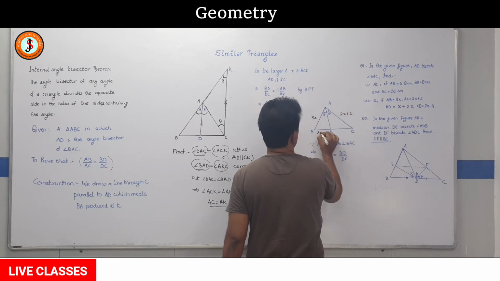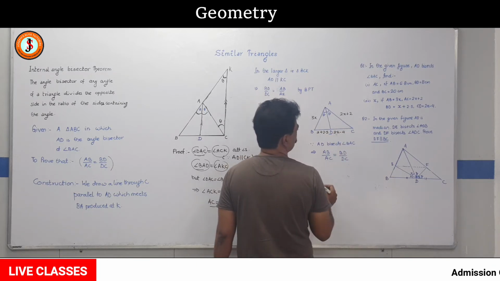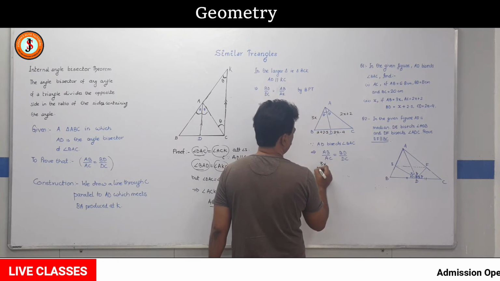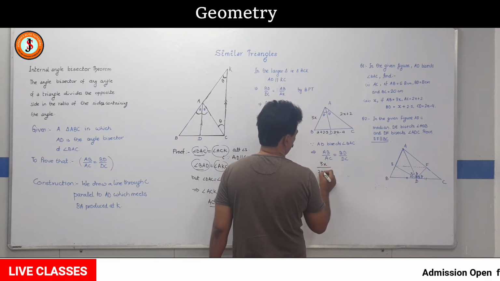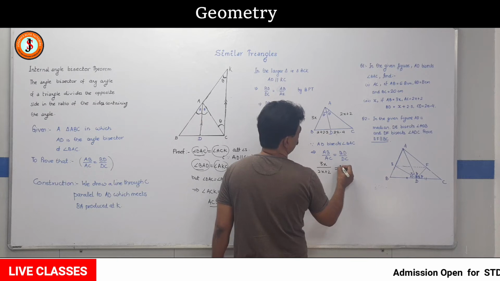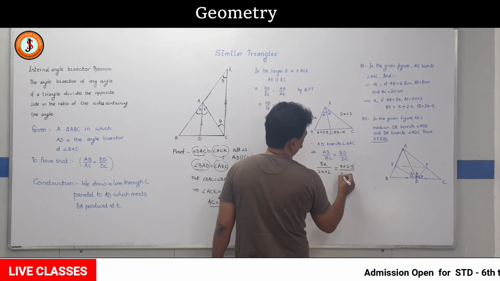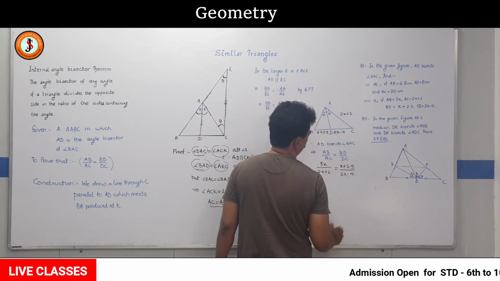This is x plus 2.5 and this is 2x minus 4. So what we write is 3x divided by 2x plus 2 is equal to, now BD is x plus 2.5, divided by 2x minus 4.